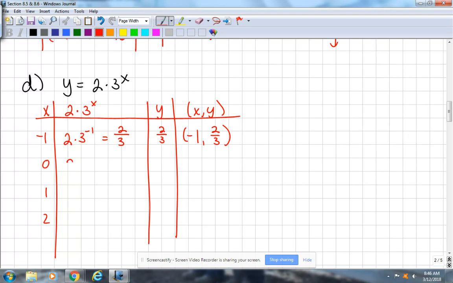Then the 0 power makes life easier. However, the answer is not going to be just 1. So what do you think? What is the answer going to be? It's going to be 2 times 1 because the 3 to the 0 power is 1, but you got to multiply it times 2. Does that make sense? So that's the same thing as 2 times 1, which is 2. So 0, 2.